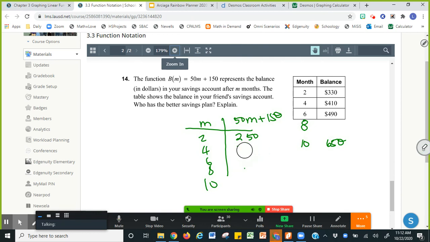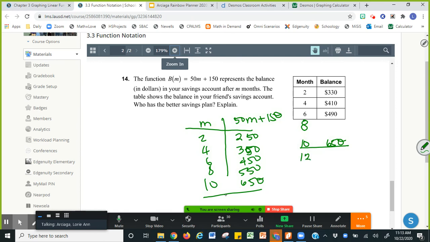No, wait, I messed up. So 250, and then this is 2 months. So that means for every 2 months, you save 100. So 350, and then 450, and then 550, and then 650. There you go. Because every month you save 50. So for every 2 months, you save 100. At 10 months, you end up saving 650.